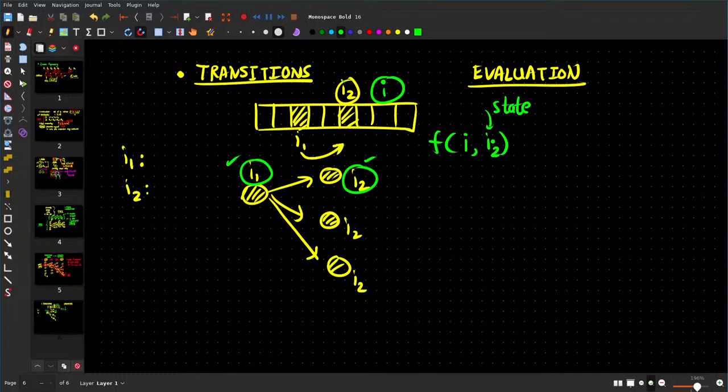Now there are two possibilities: either take this index in the sequence that we're constructing, or don't take it.